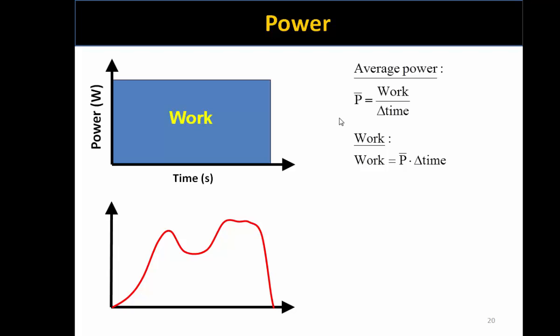In terms of work, work is going to be equal to power times the change in time. Now we see on the bottom here, we're plotting work against time. In this case, we don't have a consistent level of work. This is something that is going to be a little bit more reflective of human biomechanics.